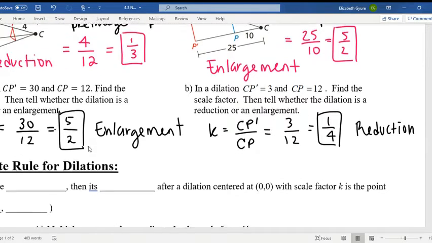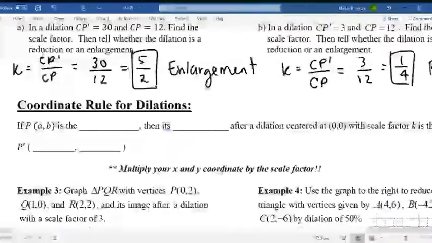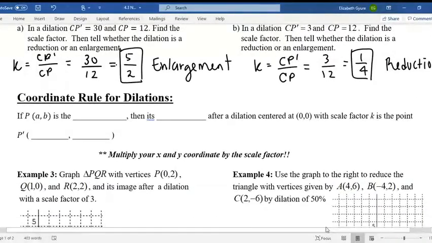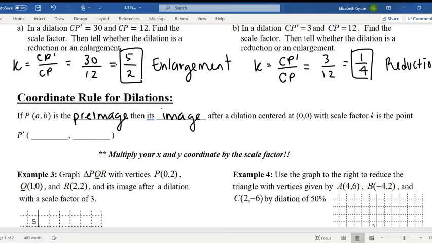Okay. All right, now we get into our rules here and graphing some of these. Now, what's kind of nice about scale factors, there's just one rule. There's not a bunch of different things you got to do. You got to remember one thing. If point P, any generic point P, like A, B, is the preimage, then its image after a dilation centered at 0, 0, everything we do is going to be centered at 0, 0, with a scale factor of k.